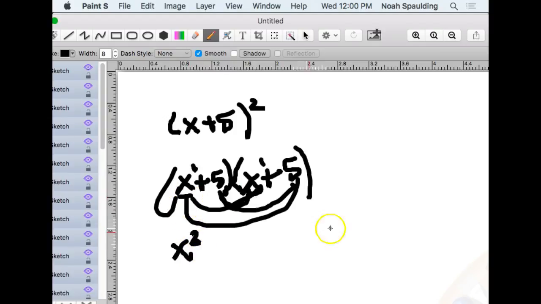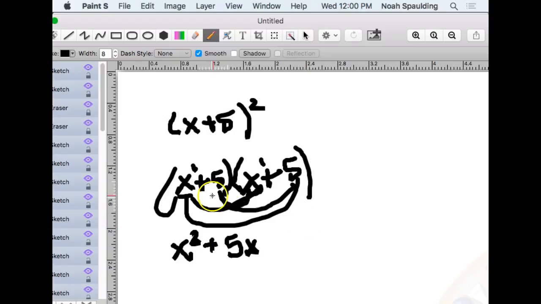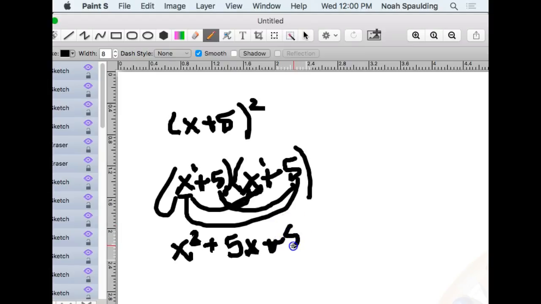Then the outer x times 5 becomes plus 5x. So it's x squared plus 5x plus 5x again because of the inner ones. And then 5 times 5 is 25.